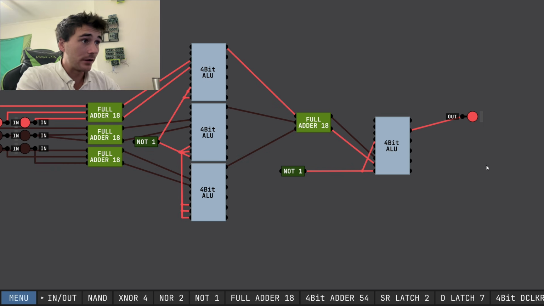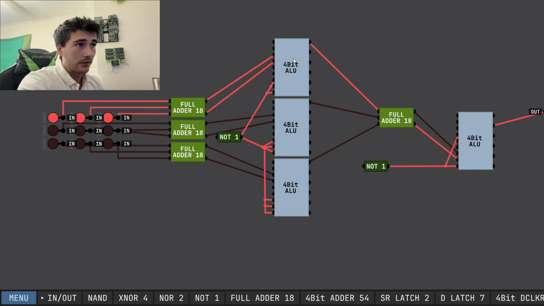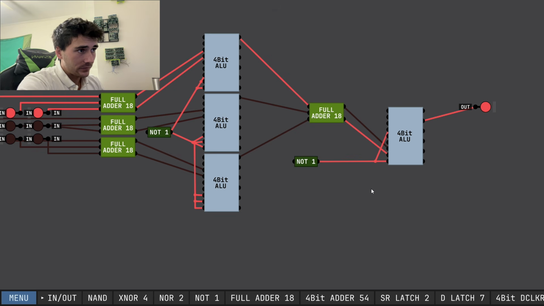That was really complicated. So again, I'm going to say it again. We have these 3 inputs. They're being added together. They go into this ALU, and we subtract it from the bias. So 3 minus 3 gives us 0, which is positive. And then the positive outputs get fed into this one adder, and we add them up.